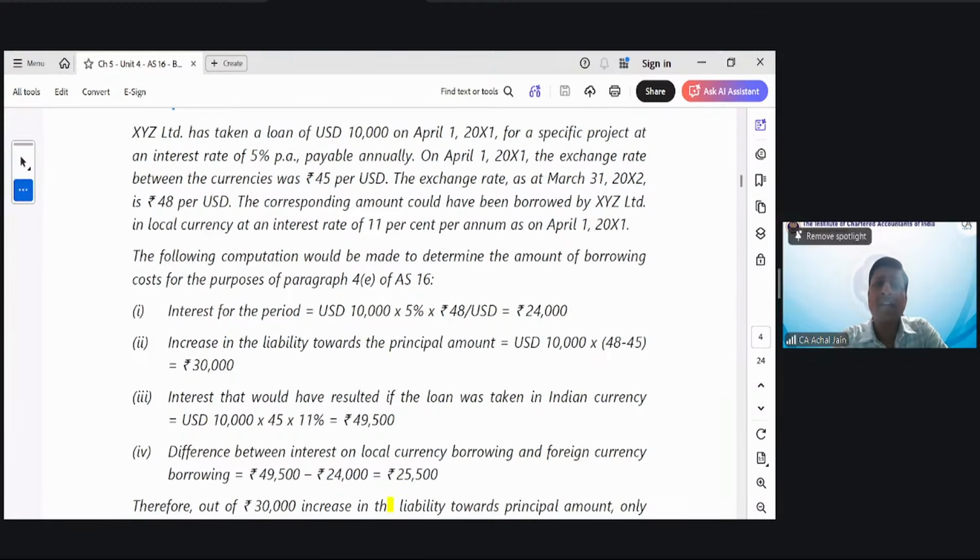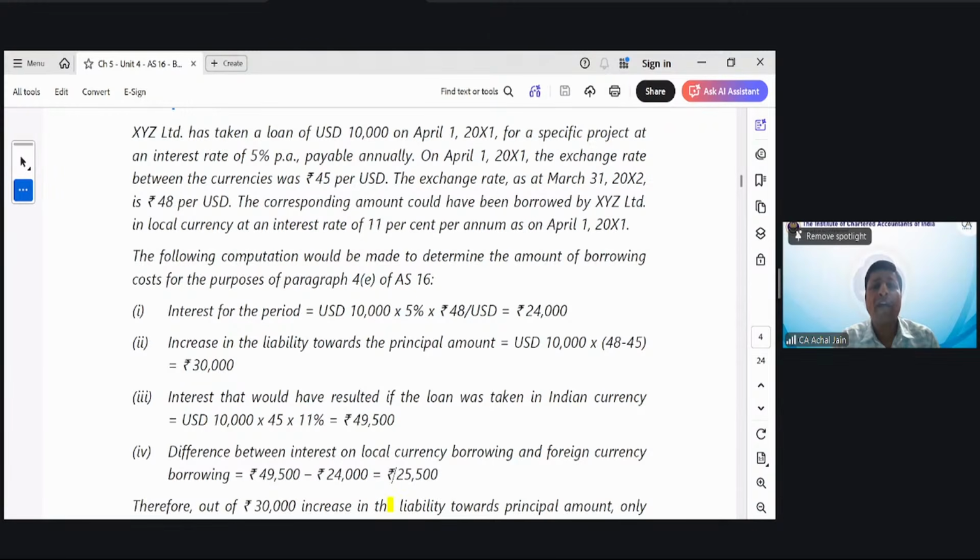The loan is taken in USD. So it's a foreign currency loan. So how do you record it? You'll have to record it in INR. On 1st April X1, exchange rate was 45. Exchange rate as at the year end means 31st March X2 is 48.